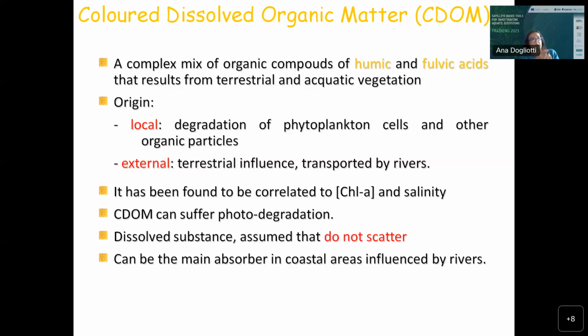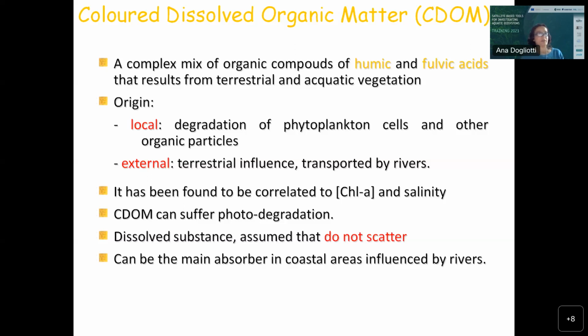Another interesting thing is that CDOM can suffer degradation. And as I mentioned before, it's a dissolved substance, so it doesn't scatter light, it just absorbs, and it can be the main absorber in coastal areas which are mainly influenced by rivers.